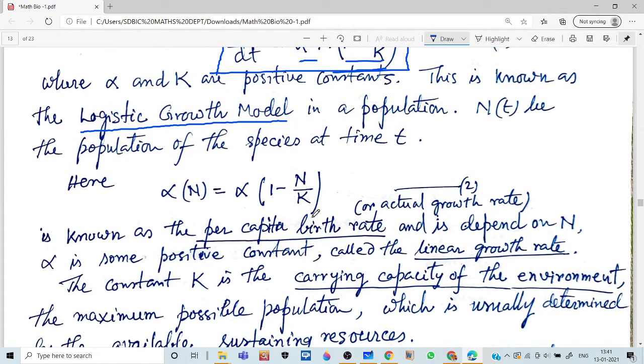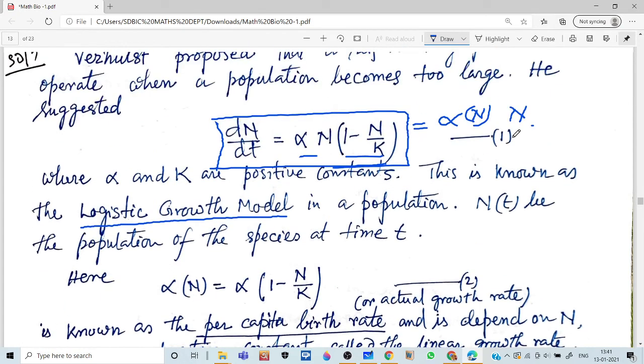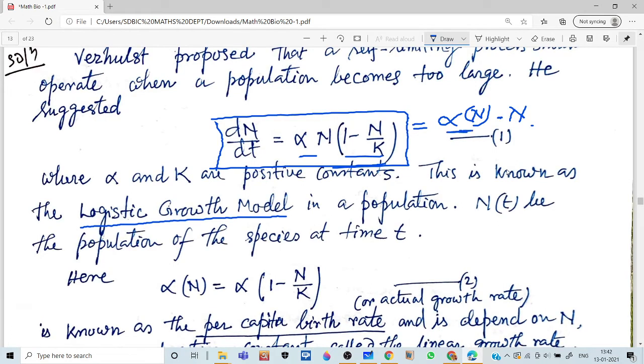This alpha(N) is known as the per capita birth rate or actual growth rate.